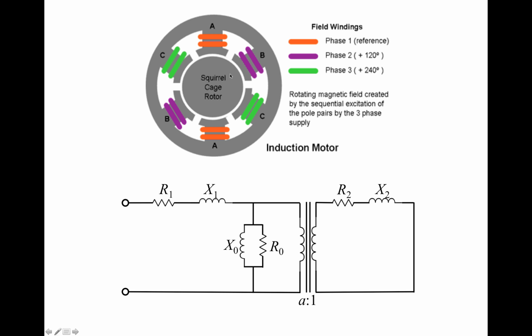That magnetic field crosses the air gap and then cuts the rotor bars, and then induces a voltage and a current in the rotor. In the transformer, the induced magnetic field crosses the transformer core, and then induces voltages and currents on the secondary side of the windings. So the rotor in the induction machine is just like the secondary side of the transformer.